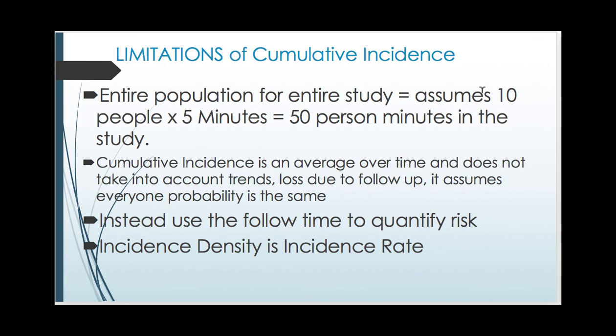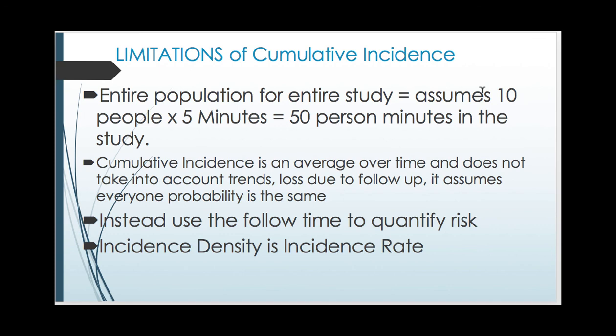In a 5-minute period, out of 10 people, 4 of them, or 40%, you had a 40% probability of developing a headache if you were exposed to carbon monoxide for 5 minutes. Another way to think about this is how many minutes each person was in our study. If we had 10 people in our study for 5 minutes, we had 50 person minutes.